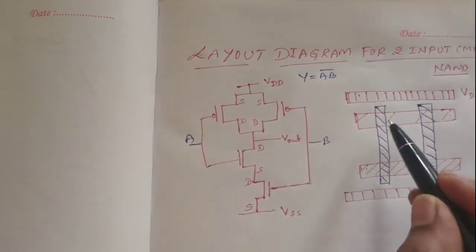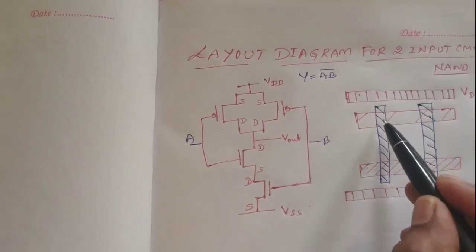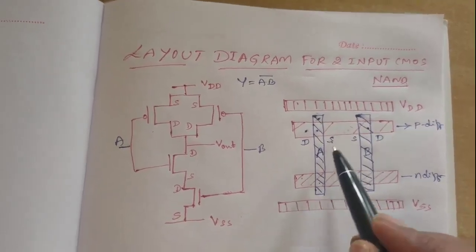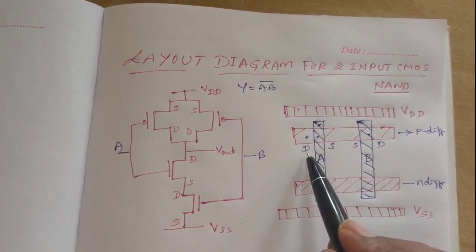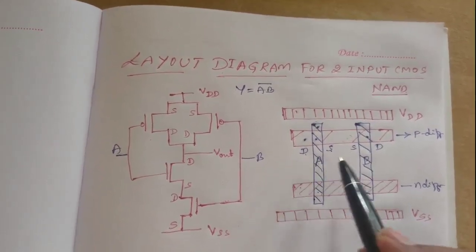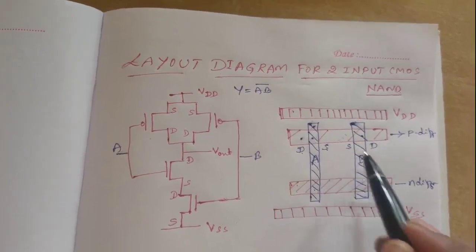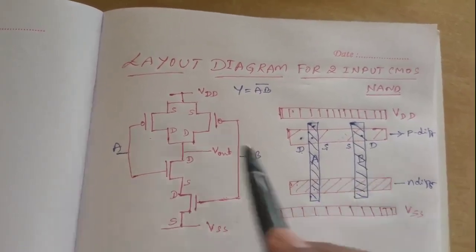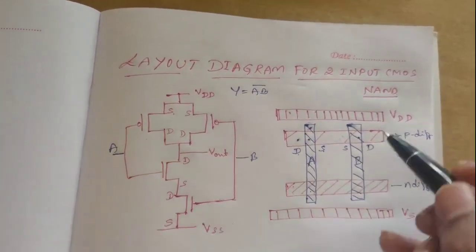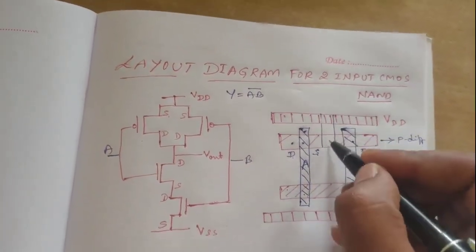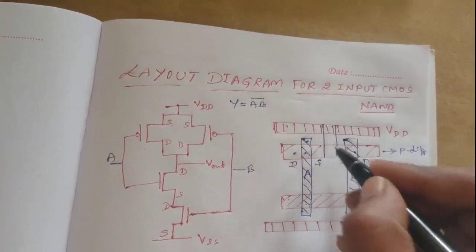Now we have created the layout. Let us consider this is the source end of A, and this is the drain end of the A transistor with respect to PMOS. Similarly, the source of B, and this is the drain end. According to my schematic, I need to connect the source of A and the source of B to VDD.